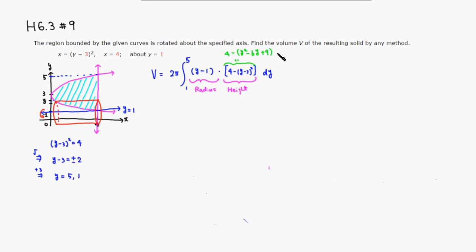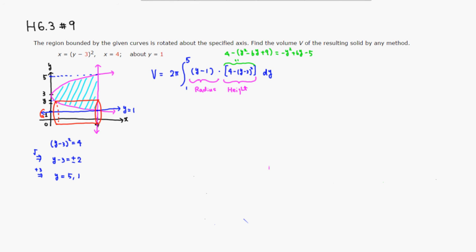So I'm going to put the negative y squared first, and then positive 6y, and then 4 minus 9, which is negative 5.